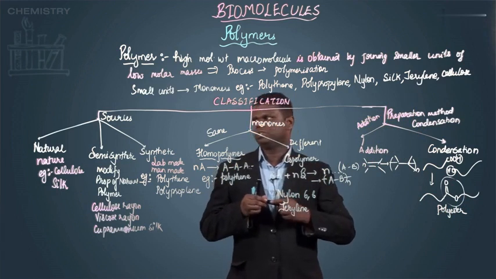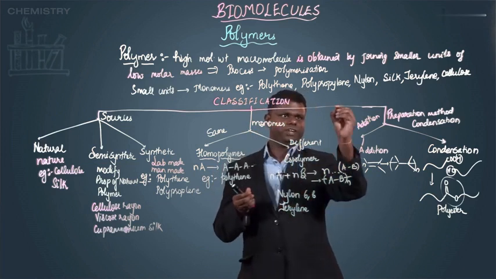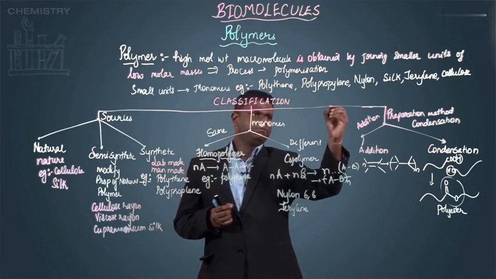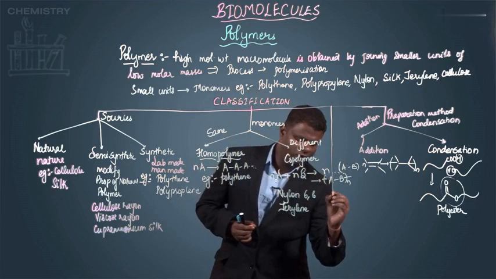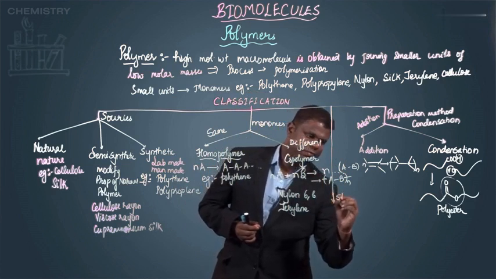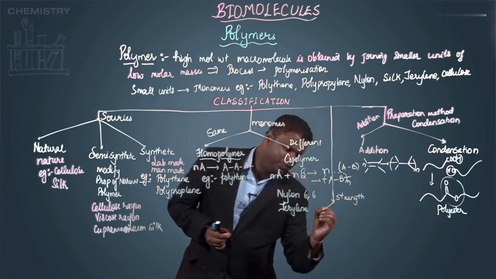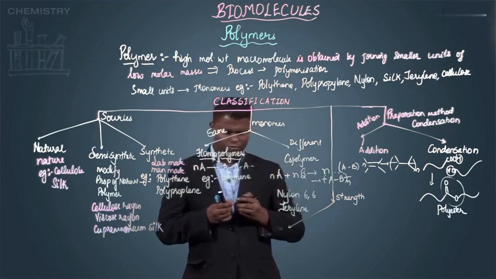We have other methods of classification as well. So what could be the other method of classification? The other method could be dependent on the strength. Depending upon the strength, it is classified into 4 to 5 types.